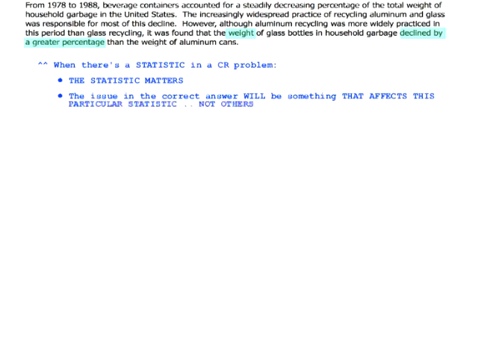And so the issue in the correct answer will, not just might, will be something that affects this particular statistic, but would not affect other statistics. So for example, you have to notice that this is about percentages.